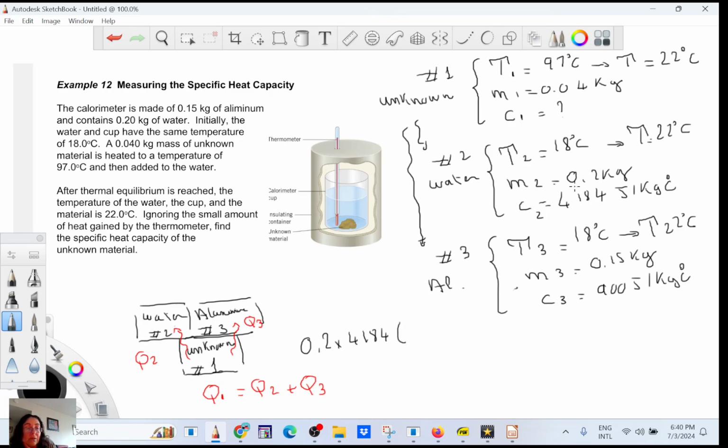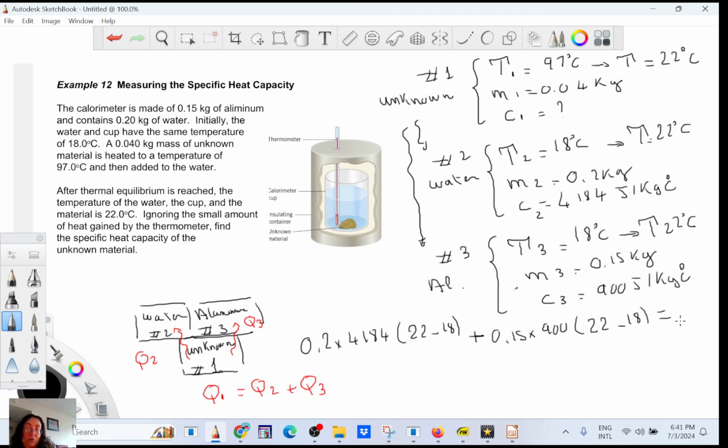Okay, so the final is 22 minus 18 plus aluminium. Aluminium is 0.15 times 900. And here the same. Final is 22 minus 18. Okay, so this is gain.